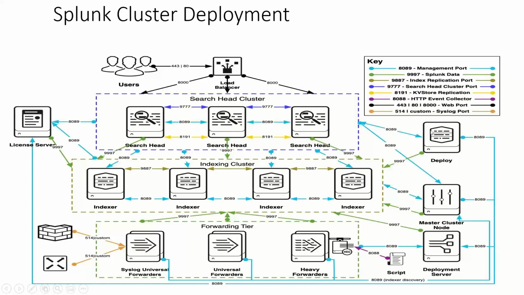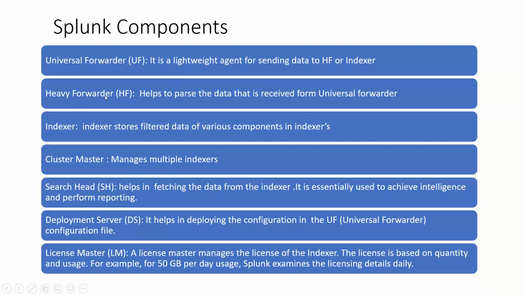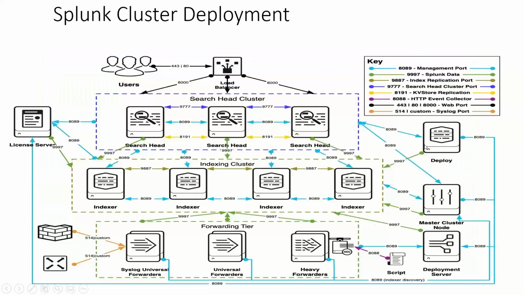Instead of that, there will be one component called the deployer component. This is the deployment server. This fellow will do that configuration on all your forwarders. So the admin's job is to maintain this. Once the data gets collected, the developer will be writing the queries.